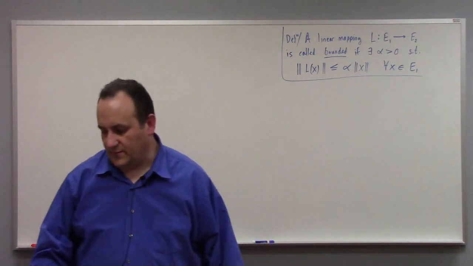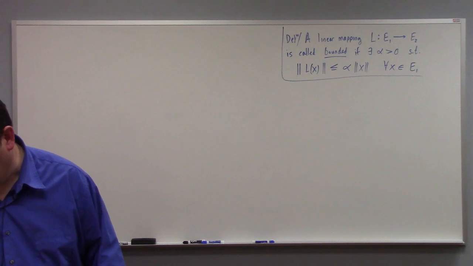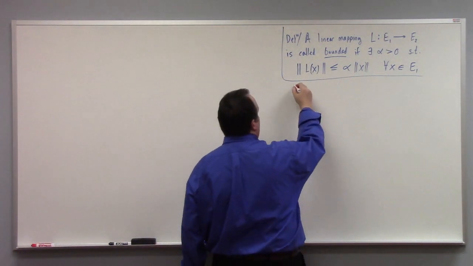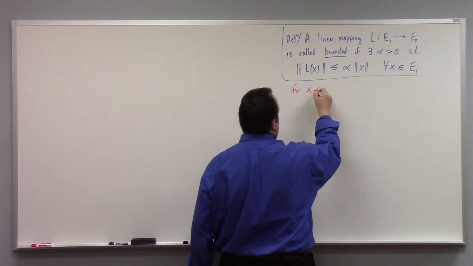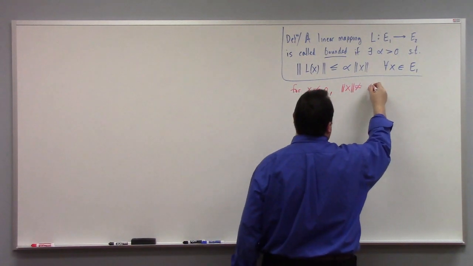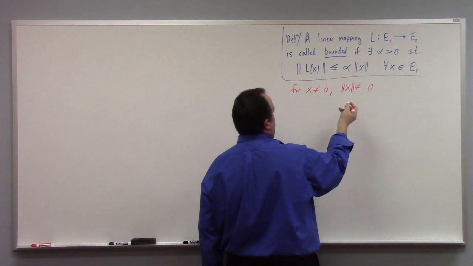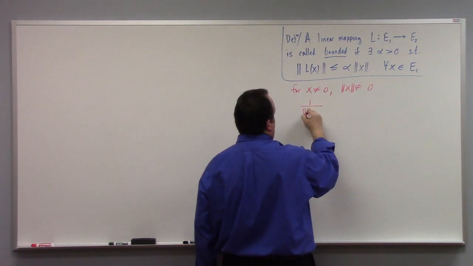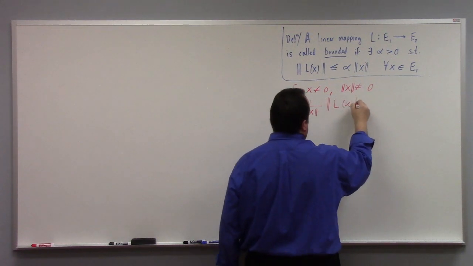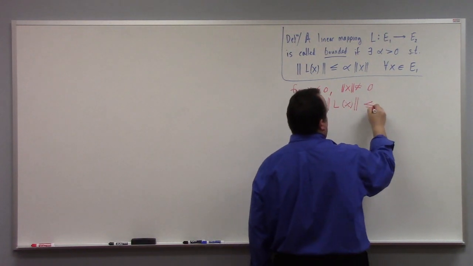So try to absorb the norm. Suppose x is not equal to 0, right? We have the norm of x is not equal to 0. So if we look at that, you've got 1 over the norm of x times the norm of L of x, less than or equal to alpha.